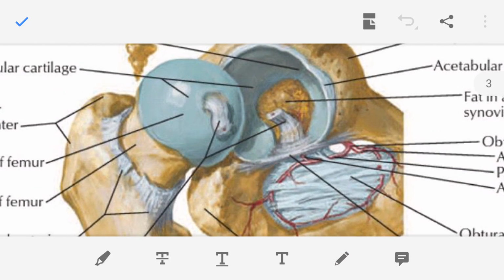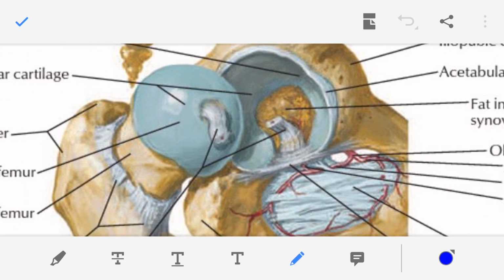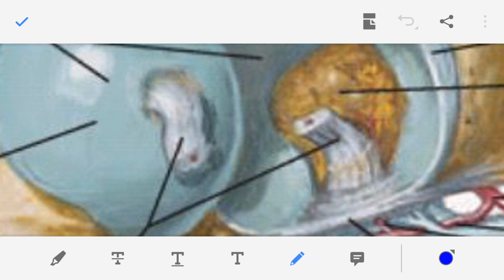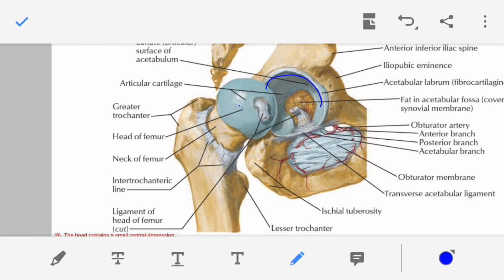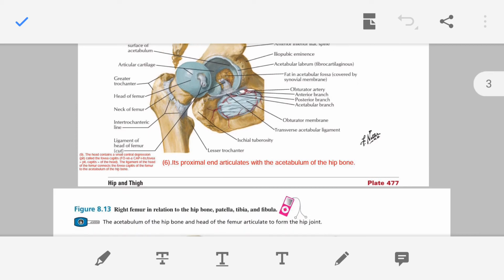These two are not different ligaments, they are the same ligament, but since the head has now been detached from the acetabulum, you can see the cut ligament. If we fit this head back over here, it is a single ligament, it is not cut. That's how you need to understand this.